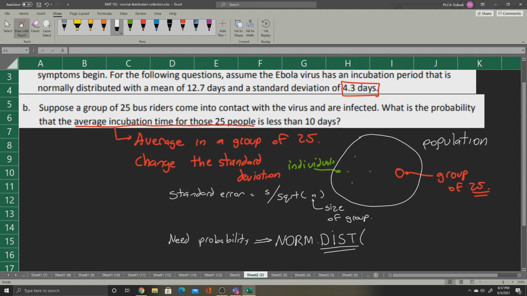We will make a slight adjustment to the formula and say x, comma, mean, comma, standard deviation, but this time we'll divide by the square root of the size of the group we're looking at, square root of n. We'll make this adjustment anytime we're looking at groups rather than individuals. But as usual, we'll say true at the end.